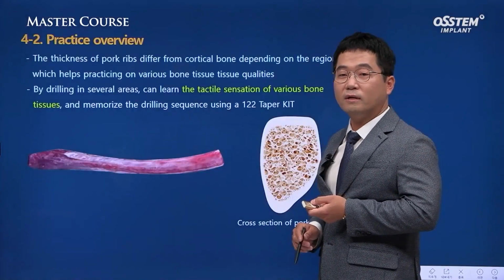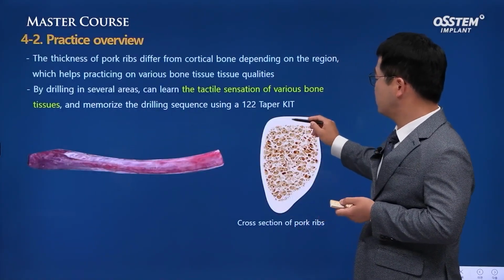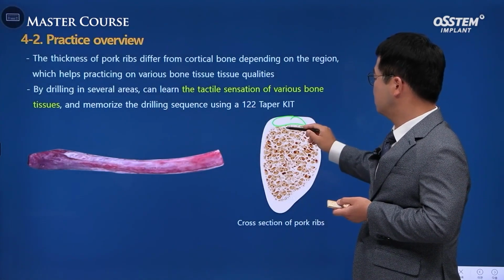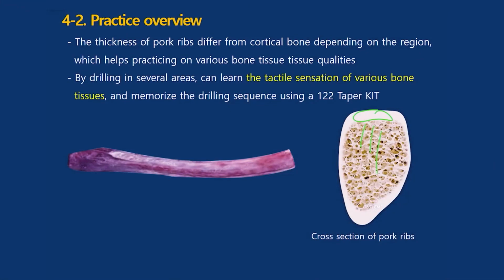We're going to do hands-on practice using porcine bone. In this image, there's cortical and cancellous bone. As for the porcine bone, the thickness of cortical bone differs depending on the region. Therefore, it's of great help in learning about the tactile senses you get when drilling on different bony tissues.